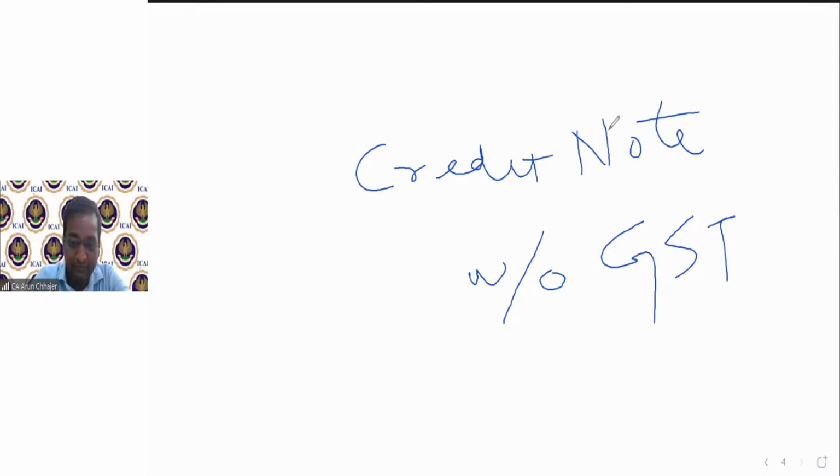Is that clear? Because he is not issuing the GST credit note, there is no requirement of reversal of ITC by B. So A will give the credit note without GST, also called a financial or commercial credit note, for which B is not required to reverse the ITC.